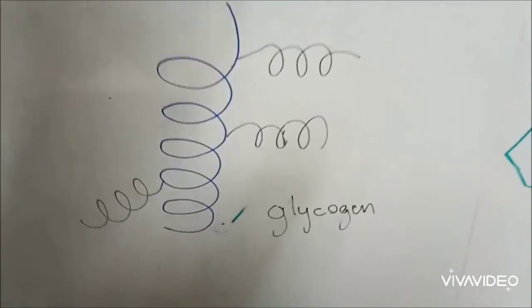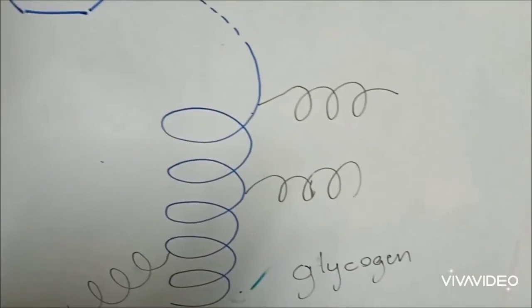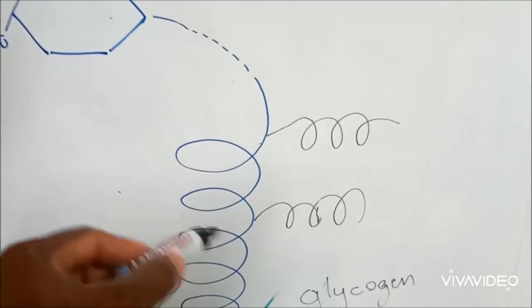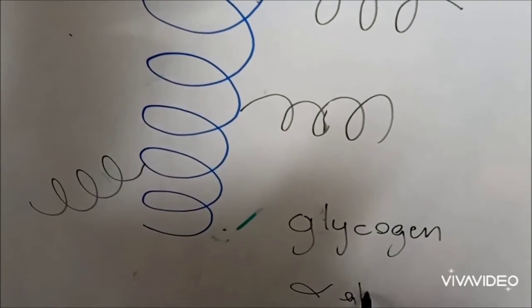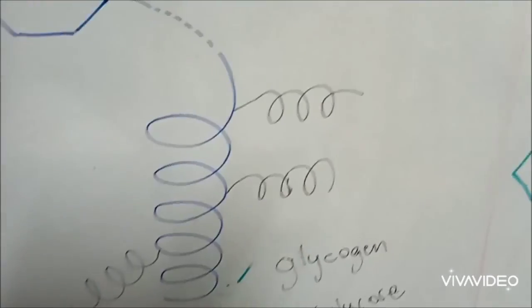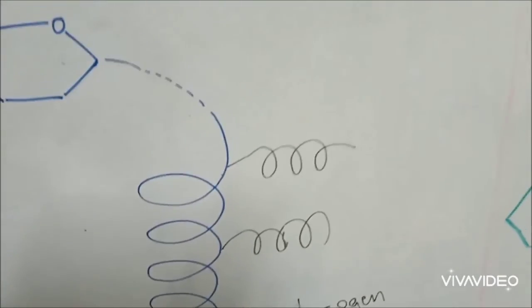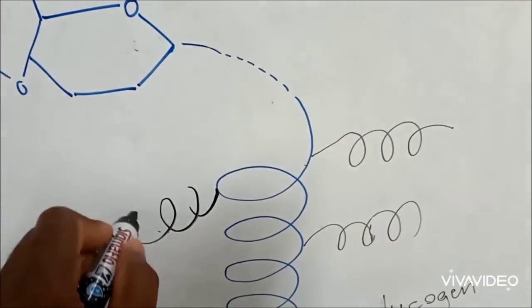Glycogen is another polysaccharide, and it is basically like amylose. It's all made up of alpha glucose, but remember within this glycogen molecule you're going to have a lot of branches on it. Good.